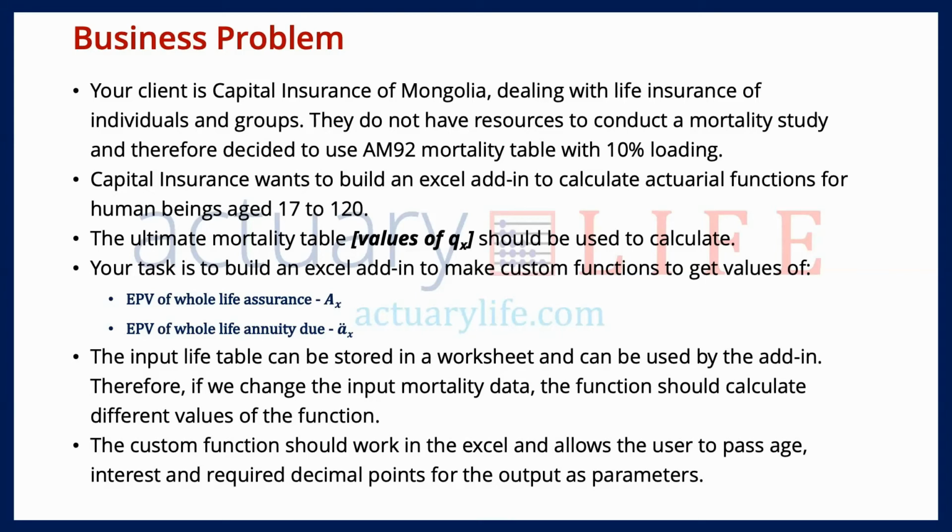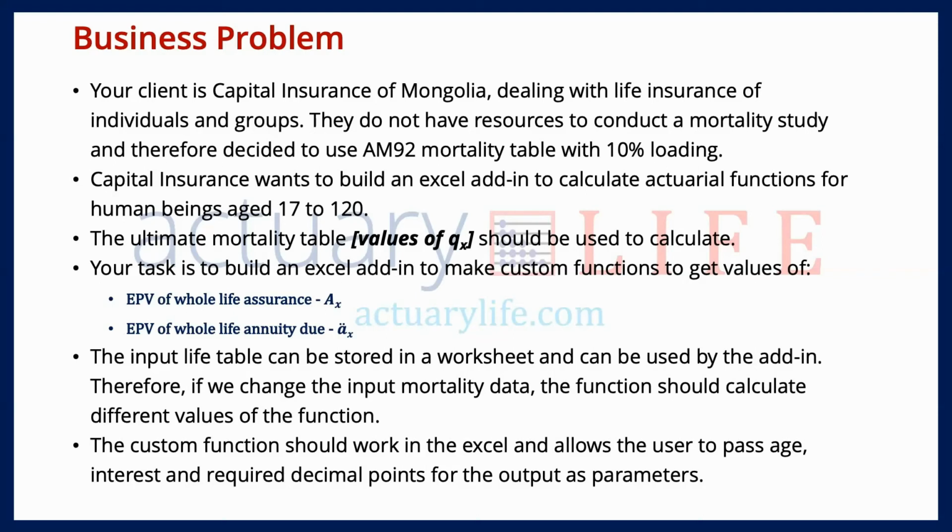Then QX values are to be used, but some 10% loading was required. So 10% loading would mean that if you have a standard QX value of 0.00092 for a certain age, then it would become 1.1 times of that 0.00092.